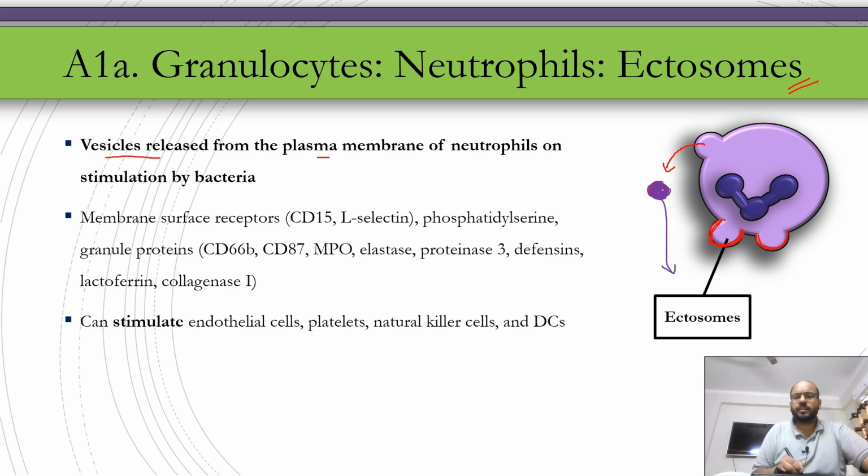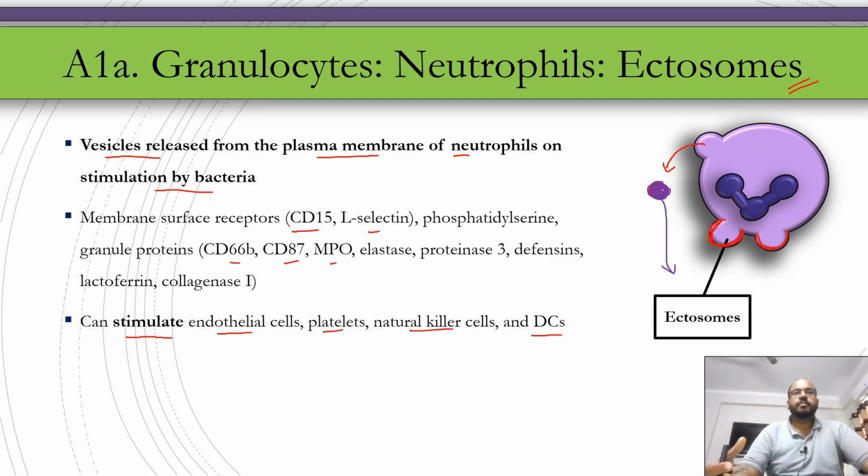These are vesicles released from the plasma membrane of neutrophils on stimulation by bacteria. So bacteria stimulate and ectosomes are released. There are multiple receptors that can induce the release of ectosomes, like membrane surface receptors, CD15, L-selectin, CD66B, CD87, myeloperoxidase. All of these are receptors. You don't have to remember, just remember there's an entity known as ectosomes which are released by neutrophils on stimulation by bacteria. And what are the functions of these ectosomes? They can stimulate endothelial cells, platelets, NK cells, and dendritic cells. So to further stimulate other cells.